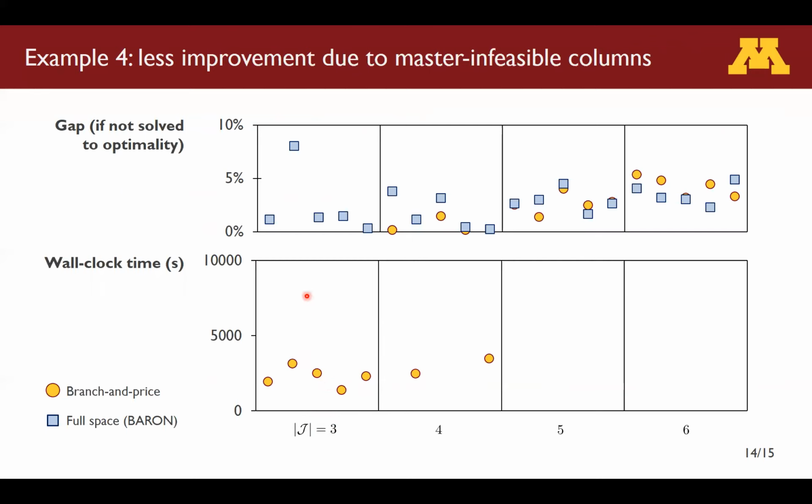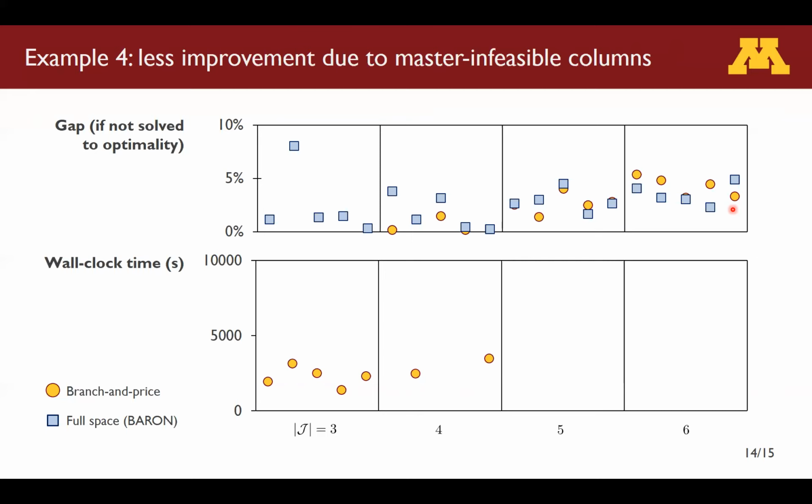So we can see that for the smaller instances, branch and price still performs well. But then for the larger instances, it's comparable or even worse than the full space model. The main reason is because of the following. In such a problem, we price out new columns from each scenario. But for those columns to be feasible in the master problem, it has to be feasible for every scenario.